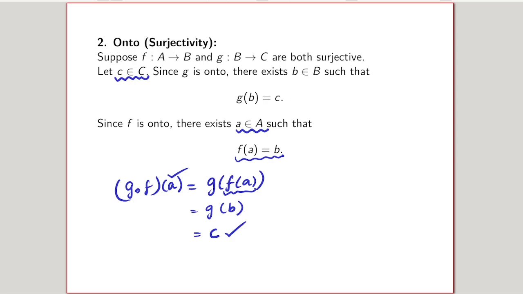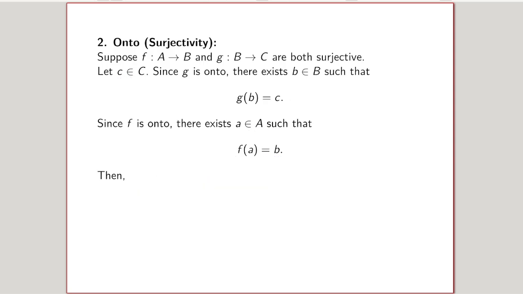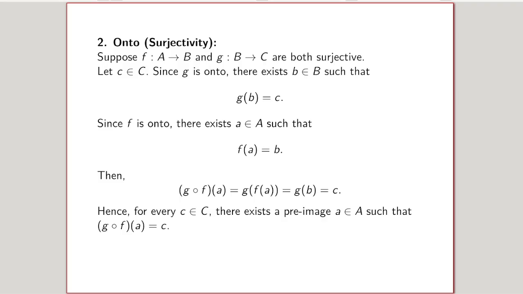Since this is true for any element c, we can conclude that for every c in C, I am able to find one pre-image a in A such that g composition f of a equal to c. So our conclusion, g composition f is onto, can be obtained.